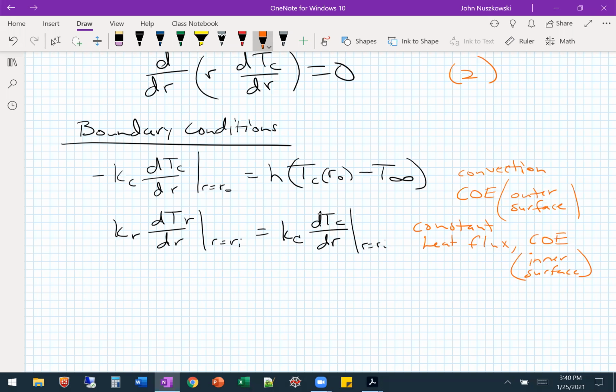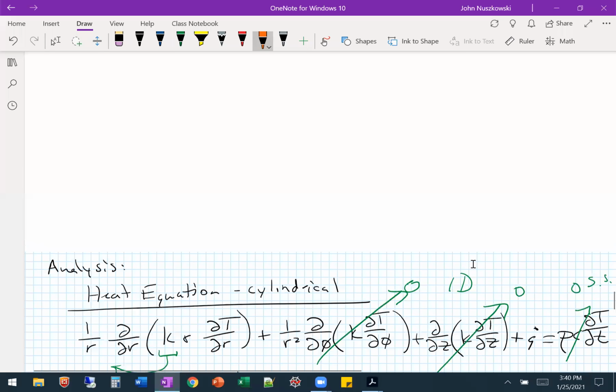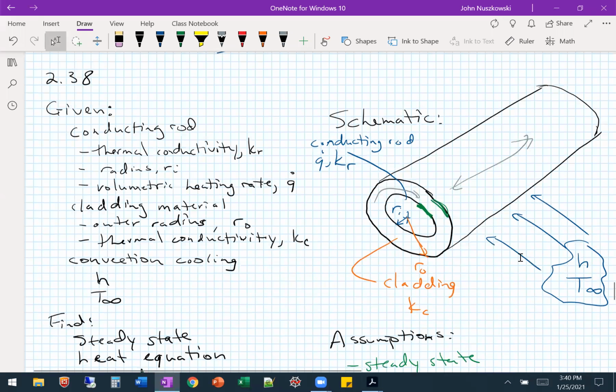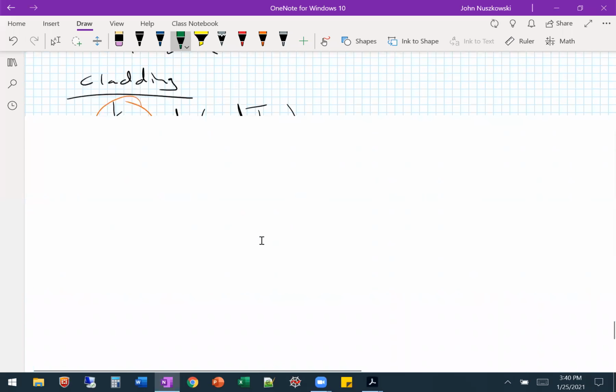If you think about it, you just see energy in equals energy out at that surface right here. And that's heat flux going in and out of that surface.